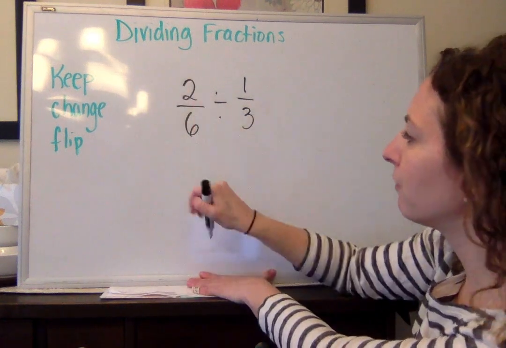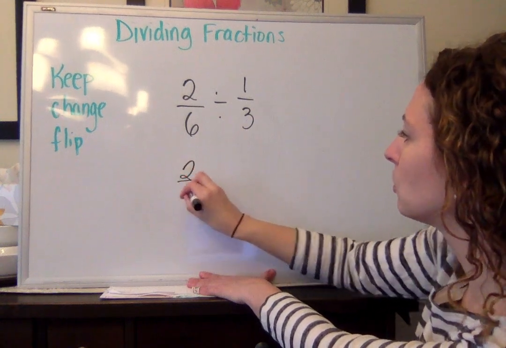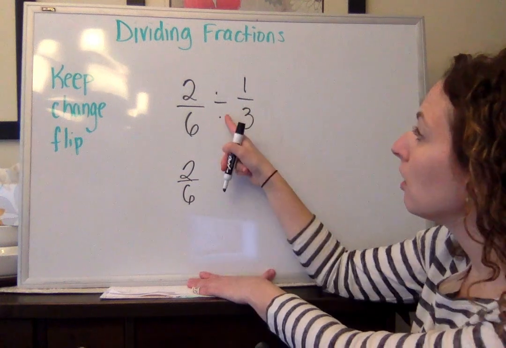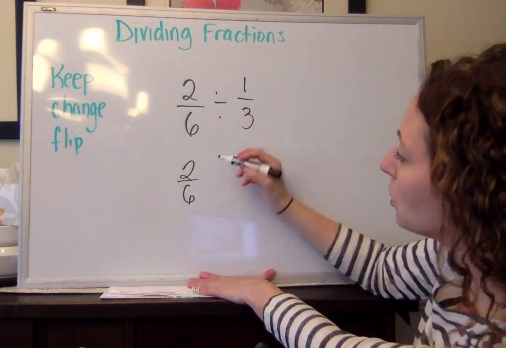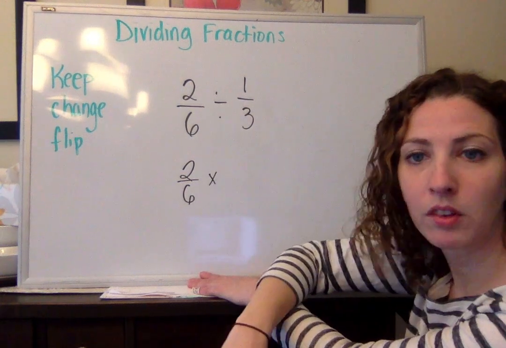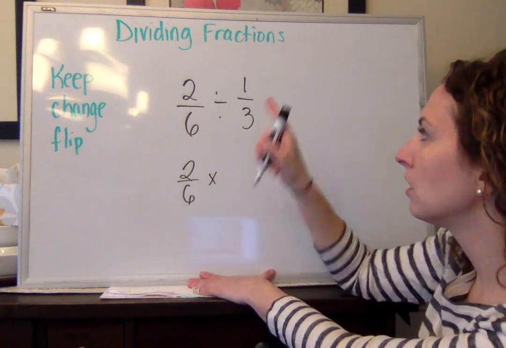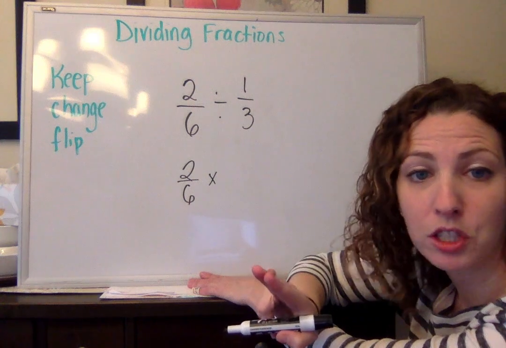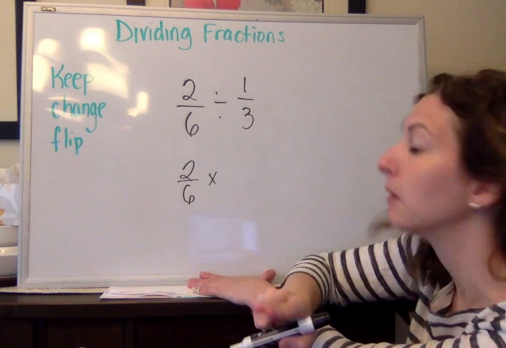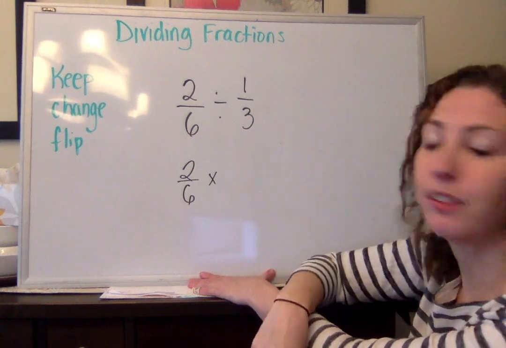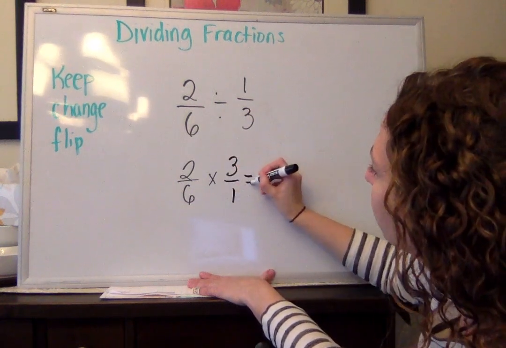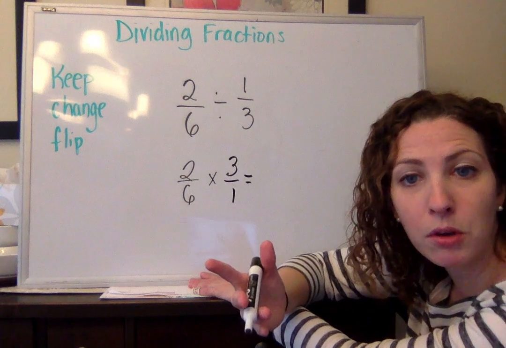I'm going to keep my first fraction the same, 2 over 6. I'm going to change my division sign to a multiplication sign, and I'm going to flip my second fraction. You never ever flip the first one. That always stays the same. All right? So I'm going to flip that one, and it's now going to be 3 over 1. And now I'm just going to multiply.